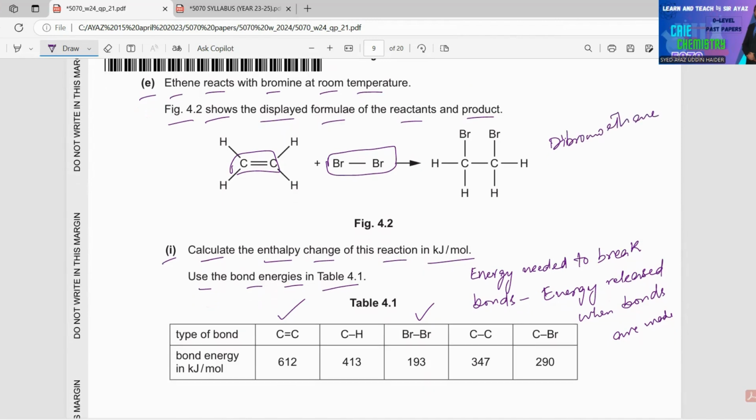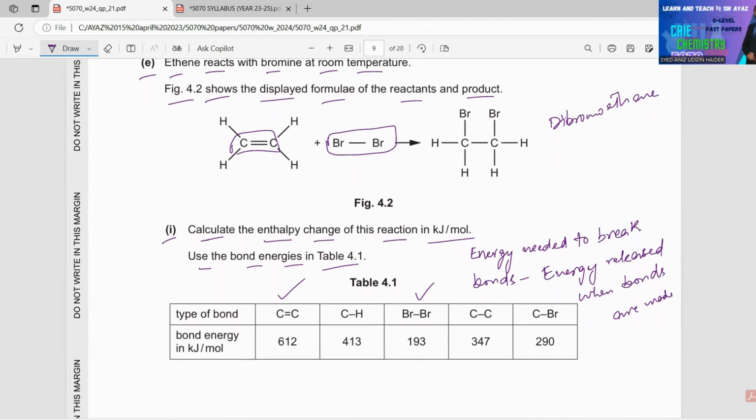What about the product side? On the product side, we have bonds formed, which is C-Br, there are two C-Br bonds. And we also have C-C. C-C is also there.